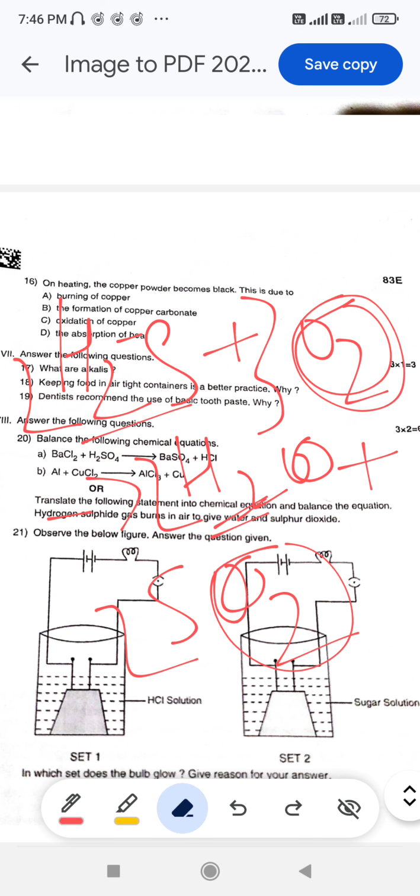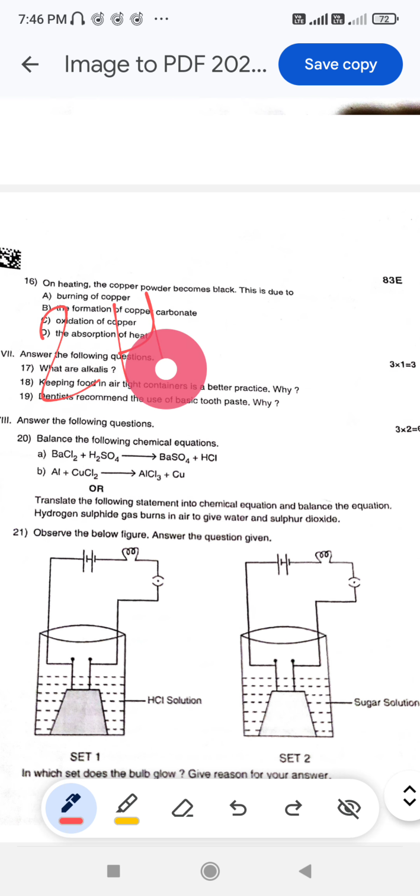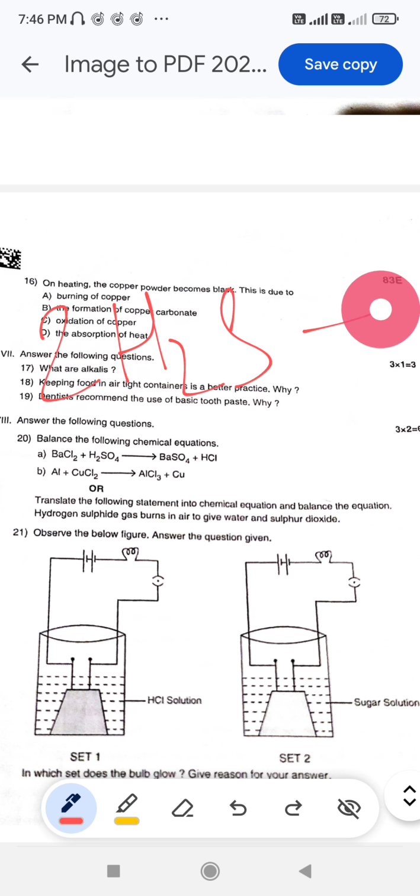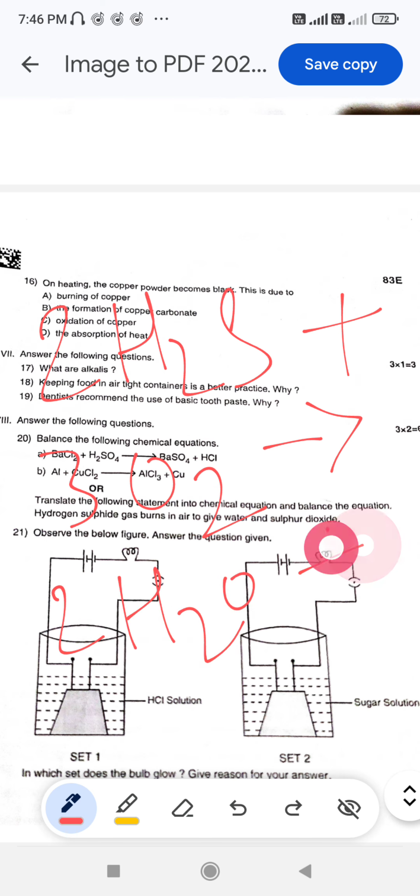Again we will rewrite it in a proper manner so you can understand. First we write 2H2S plus 3O2, and after that it will give water plus sulfur dioxide.